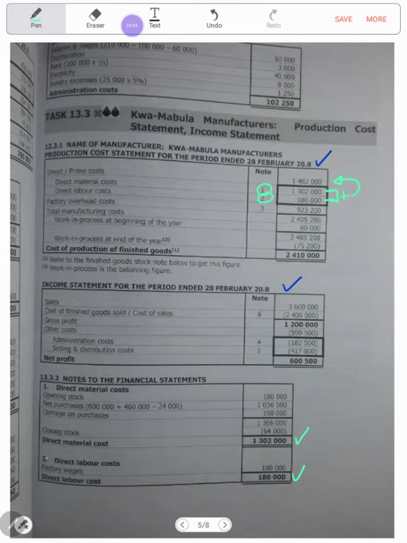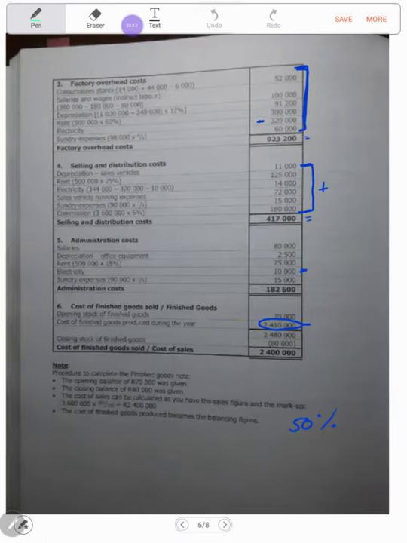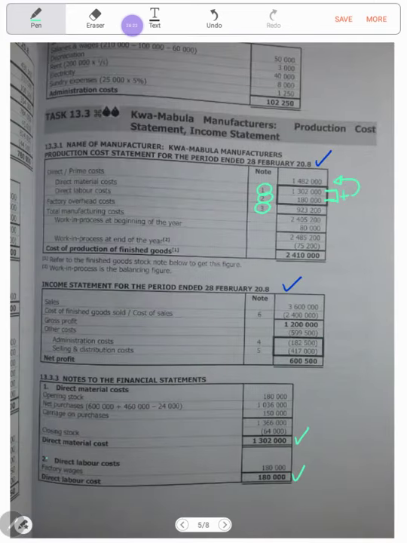All right, then our factory overheads, we took it from note 3. We worked out factory overheads to be 923,200 Rand, and I placed it over there. What am I going to do now, matrix? I'm taking my prime costs and I'm going to add my factory overhead costs to give me my total manufacturing costs.